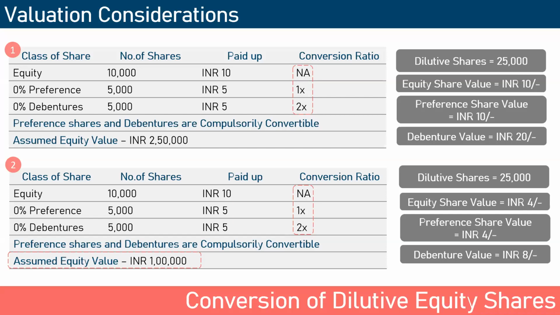I'll get the 1 minus T tax benefit. So as on today, I have to take the interest into account. And is it necessary to add the debentures and convertibility as on today only? Means I have taken into computation the convertible equity shares.